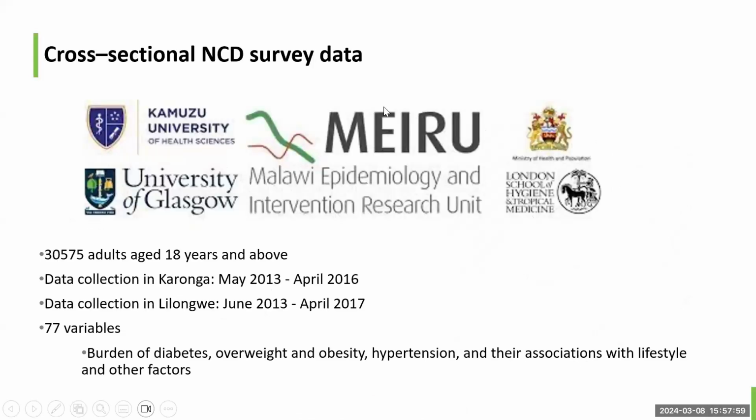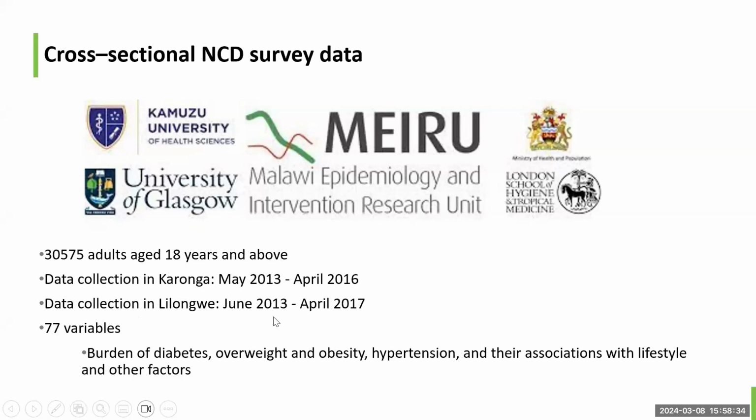So the data came from MEIRU, the Malawi Epidemiology and Intervention Research Unit. This is basically a research NGO that has a board comprising the Ministry of Health in Malawi, the London School of Hygiene and Tropical Medicine, Kamuzu University of Health Sciences, and University of Glasgow. The non-communicable diseases survey data that we anonymized covered 30,575 adults aged 18 years and above.